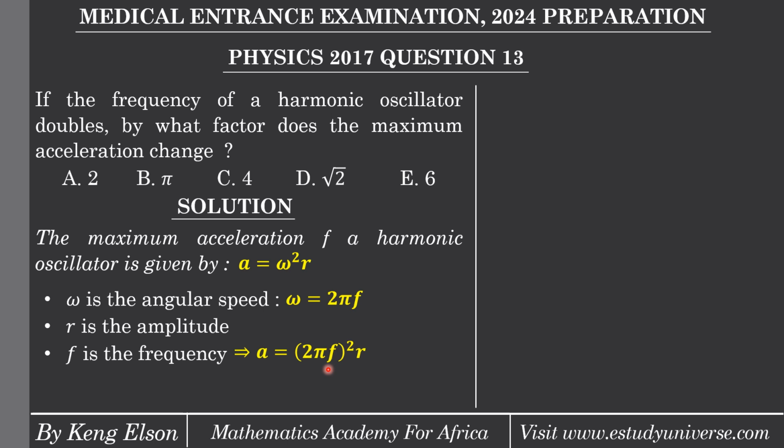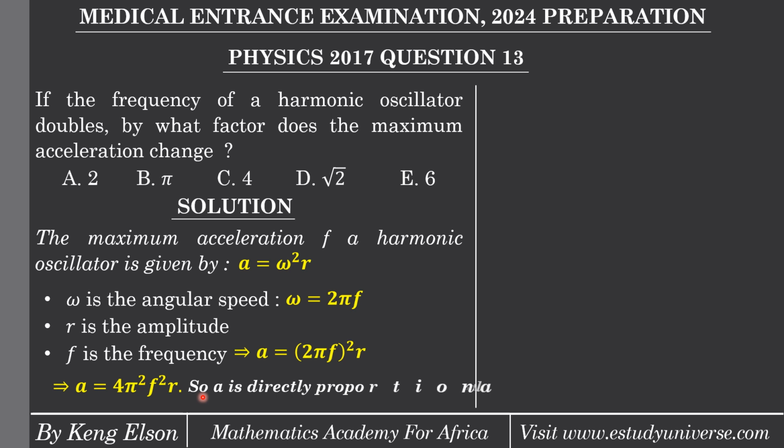Now if we expand (2 pi f) all squared times r, we are going to have 4 pi squared f squared times r. So if you check the relationship between the maximum acceleration and the frequency, you realize that because 4 pi squared times r is a constant, your acceleration is basically equal to a constant times the square of the frequency.